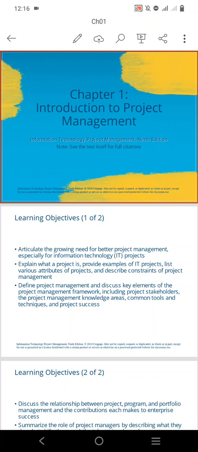So, defining a project, it is a collection of tasks to accomplish a specific goal. Project management helps your team to plan, manage, and execute work in order to meet a project's requirements on time.